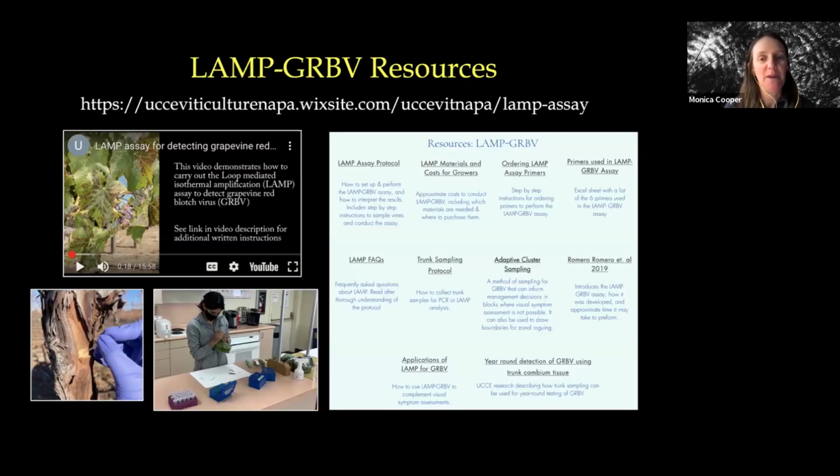So we've made a list of the ones that we get most frequently, how to sample for trunks, how to do the adaptive cluster sampling if you are in a block that you don't have any information about the visual symptoms, and then other types of resources on how to use the LAMP assay, particularly related to if you're testing trunk tissue.